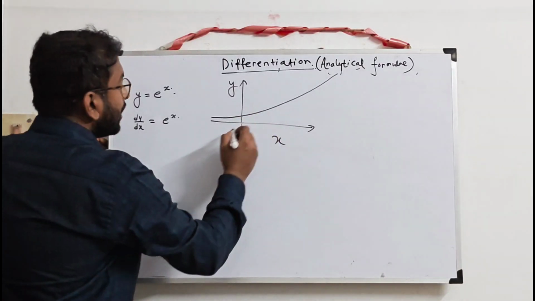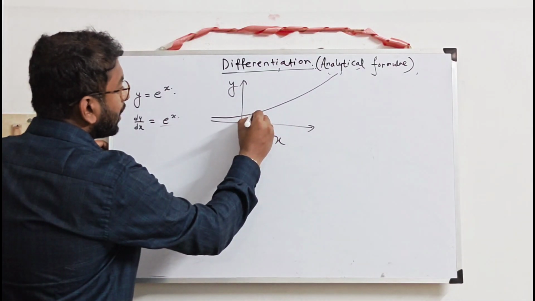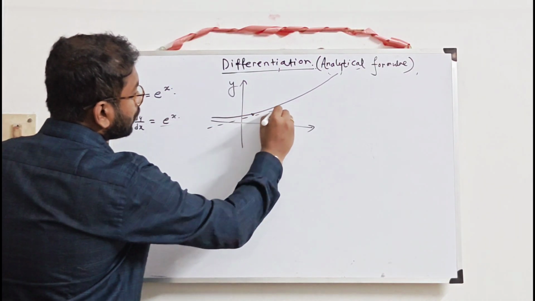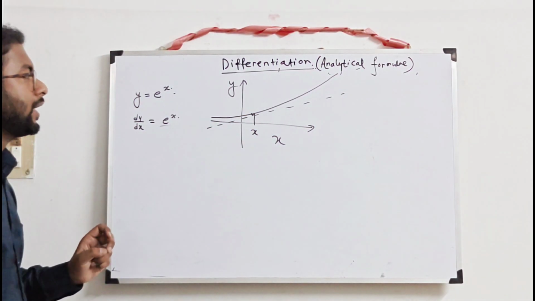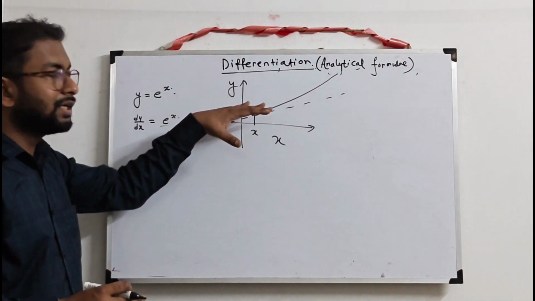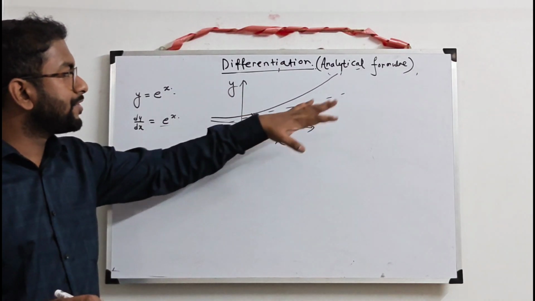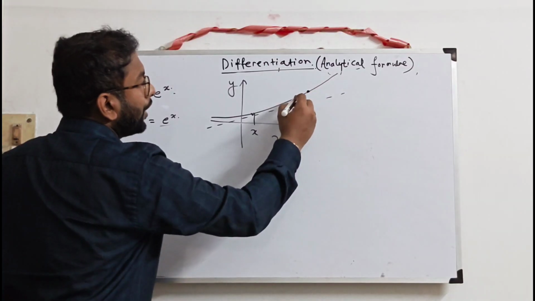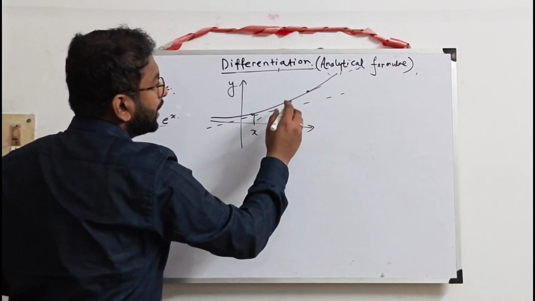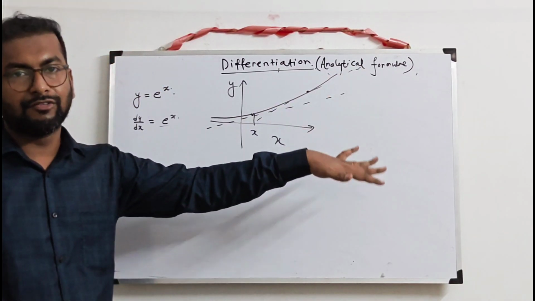That means if I draw one tangent here, at any random x, this tangent is making some angle with the positive x-axis, and as I go to, let's say, this point, if I draw another tangent here, that tangent will make more angle with the positive x-axis.